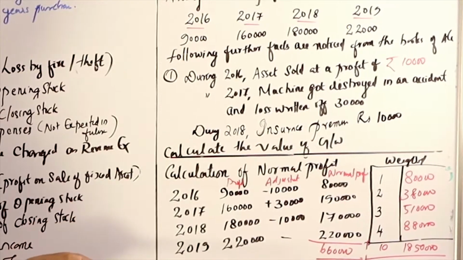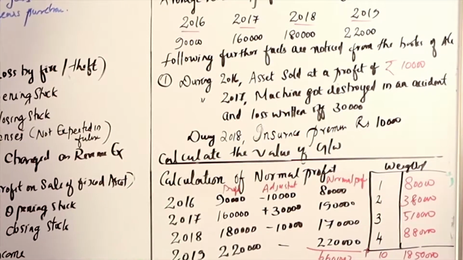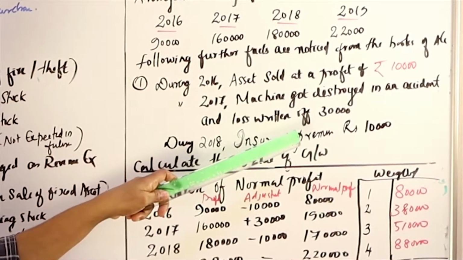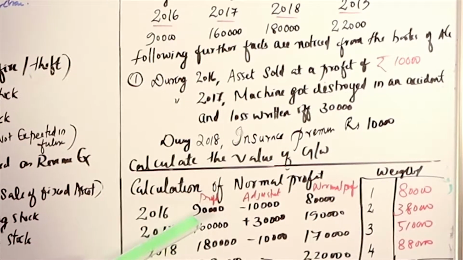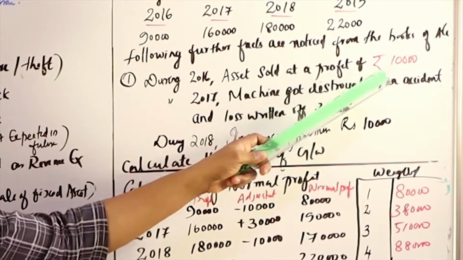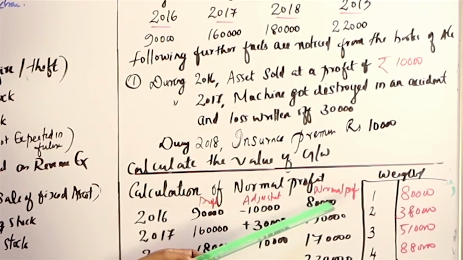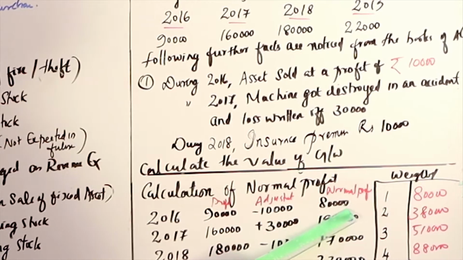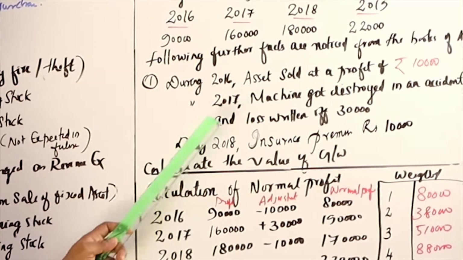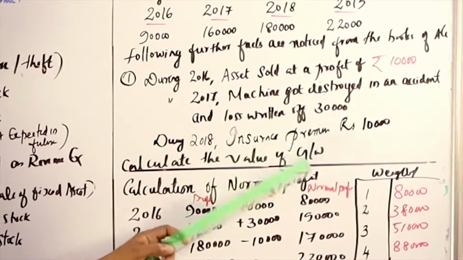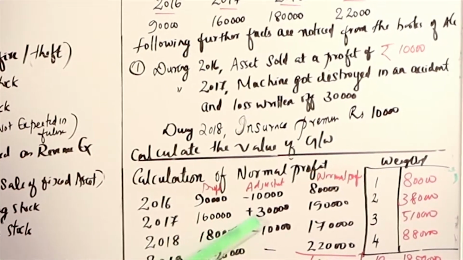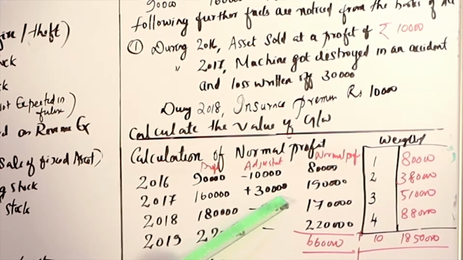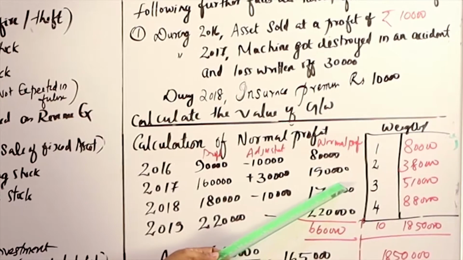Let's see the table. The year and profit are already given in the question, and the adjustments are also mentioned here. First adjustment, in 2016, abnormal gain we have to minus to make it normal profit. So this is profit, this is adjustment and this is normal profit. In 2017, abnormal losses we have to add back, so along with the 2017 profit we add this 30,000 and we get normal profit of 190.